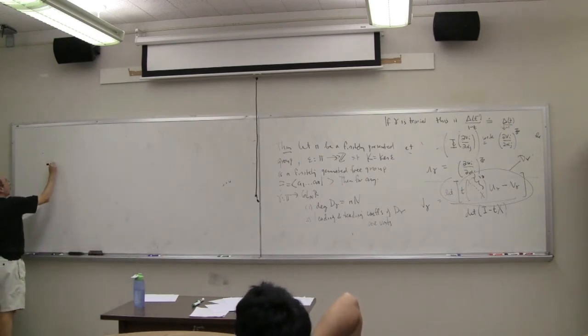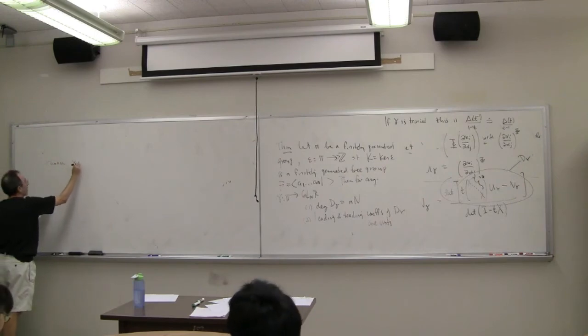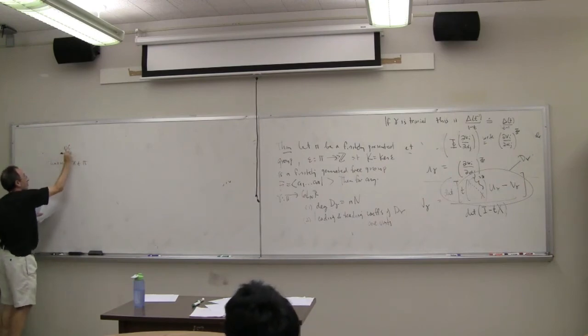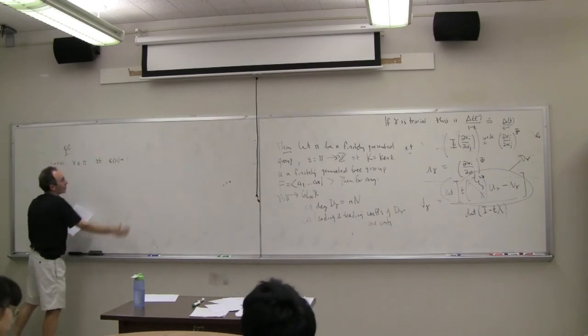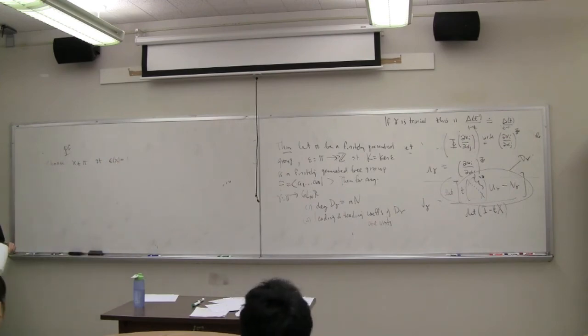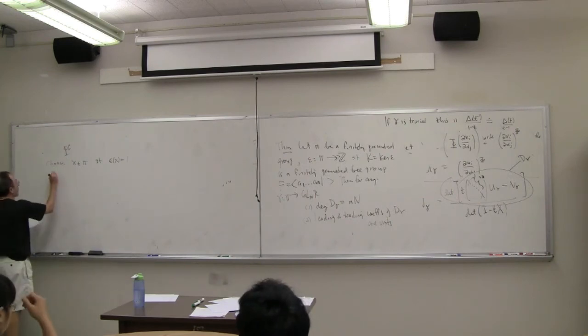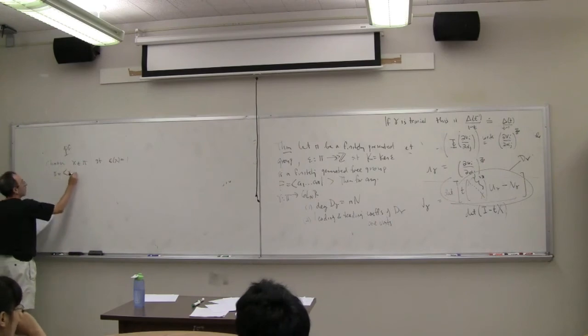This is a sketch of the proof. You choose x in pi such that epsilon of x is 1. So just take an element in pi that goes to 1 under this epimorphism to Z. Then we can always write pi as a so-called HNN extension.